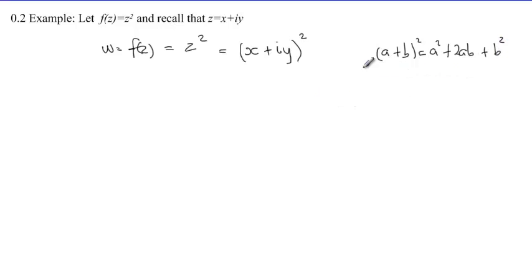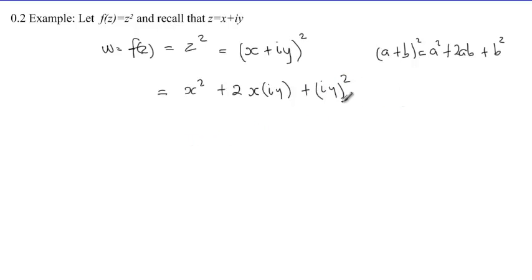Now, identifying our a with x and our b with i y, we should be able to see that this will give us x squared plus 2x multiplied by i y plus i y squared.